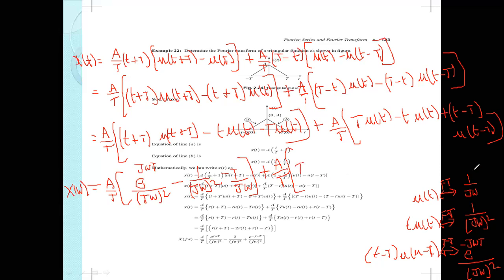T into the Fourier transformation of u(t) is 1 by j omega, minus t into u(t) minus T, 1 by j omega whole square, plus, and now t minus T u(t minus T) gives e power minus j omega T whole divided by j omega whole square.